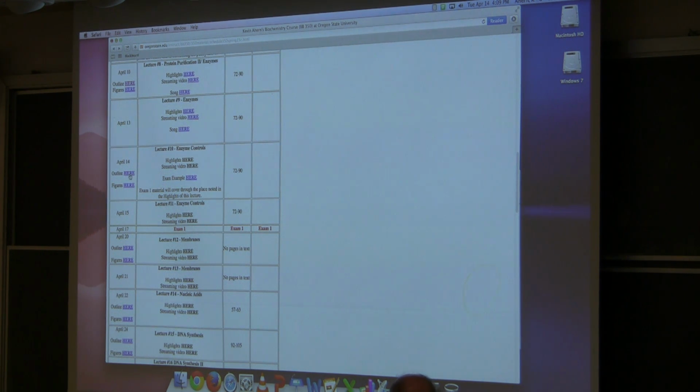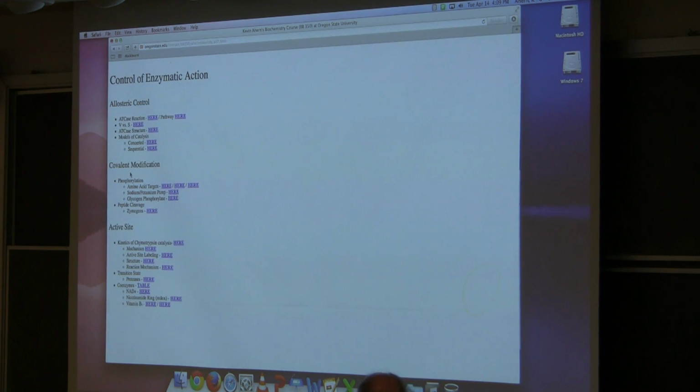All right. So for the new material here, I want to talk about the control of enzyme action. And the control of enzyme action is very important, just like controlling that Maserati going to Winco is important. If we don't control it with a speed limit, we're going to probably run over some things on the way. And if we don't control enzymes, we're probably going to break or make something that we don't want to break or make, right?